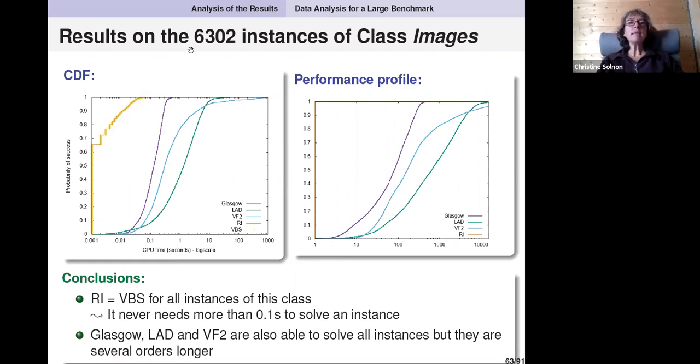So on this benchmark, the best approach is Ri, and there is no competitor. And we can see it on the performance profile, because the performance profile for Ri is simply a vertical line, meaning that it is always the best for all instances.